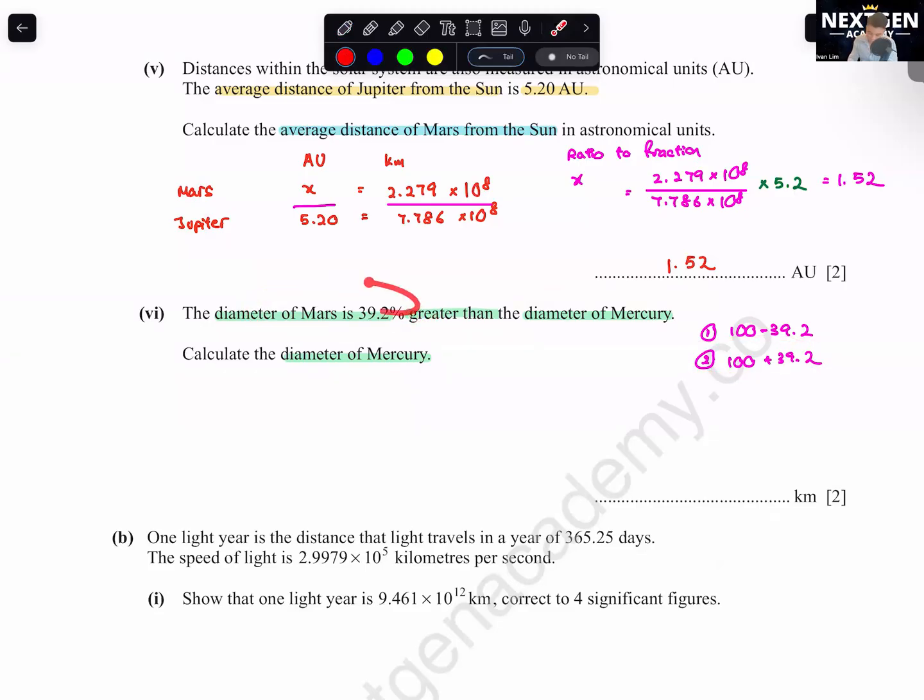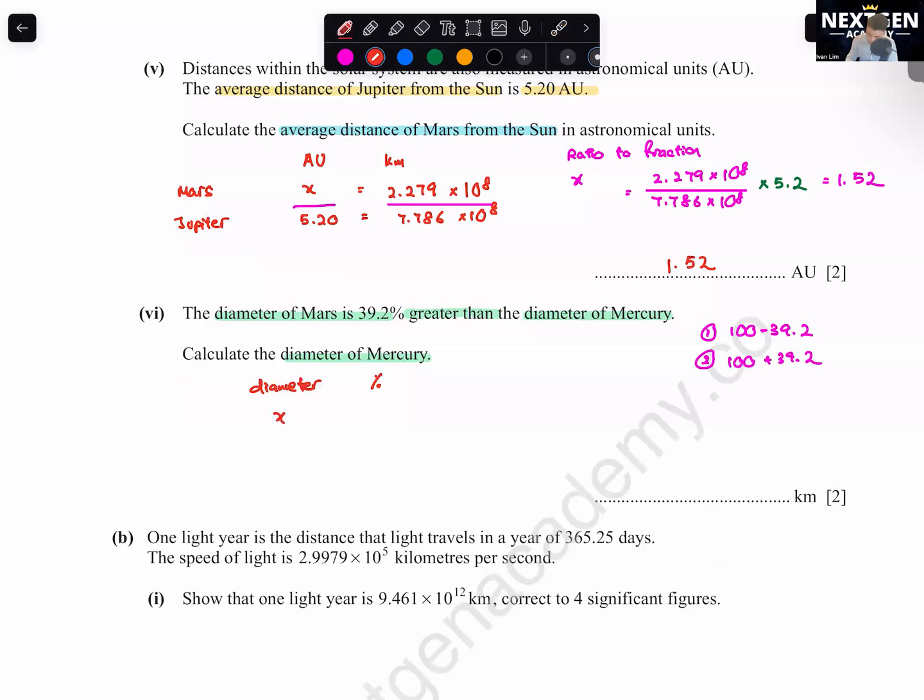That means we are going to take Mars as 139.2 and Mercury as 100%. It's a different calculation. Okay, so when they say it's greater than, it's like you do a percentage increase. Okay, so this is how I would do it. So diameter, then you put percentage.